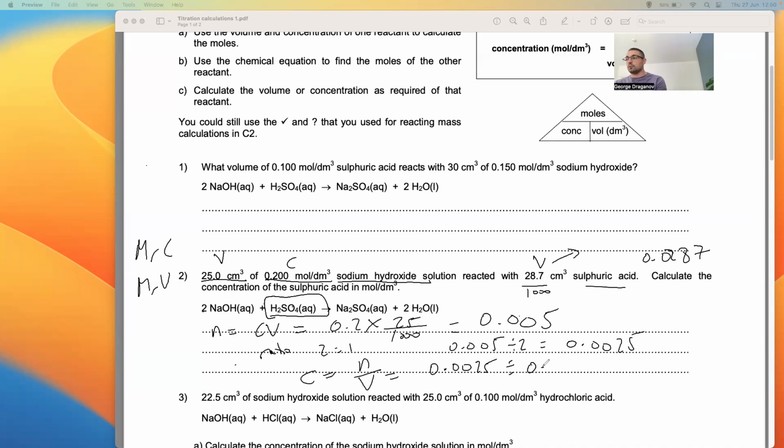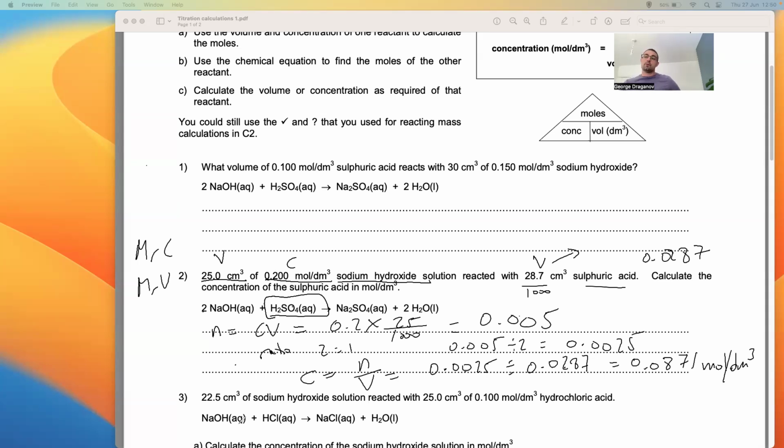So if you do this division, you will then get the right answer. And the answer should be 0.0871 moles per decimeter cubed. Because we did the moles over the volume. The volume had to be in decimeter cubed. That was the catch.